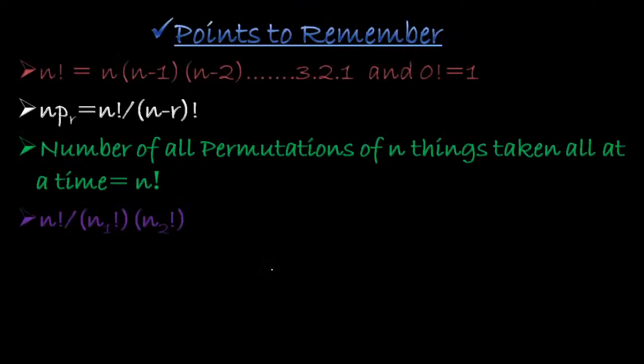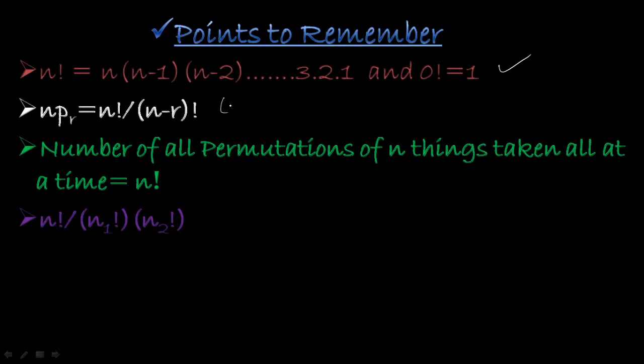Before we move on to the problems, let me revise what we have discussed so far. n factorial is nothing but the product of the first n natural numbers, and the value of 0 factorial is 1. nPr, the formula for calculating the permutation of n objects taking r at a time, is n factorial over n minus r factorial.